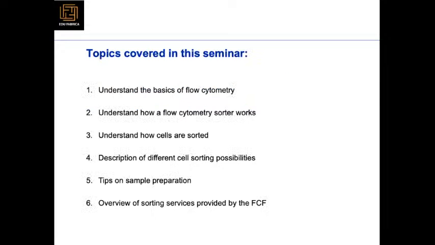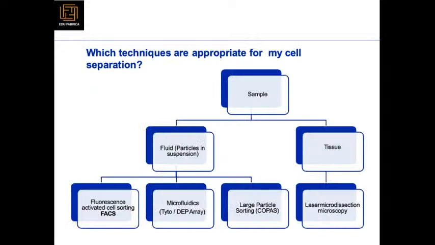To understand better, let's start today's lecture. In this lecture, we will be dealing with the basics of flow cytometry, understanding how a flow cytometry sorter works, how cells are sorted out, a description of different cell sorting possibilities, tips on sample preparation, and an overview of services provided by FCF.